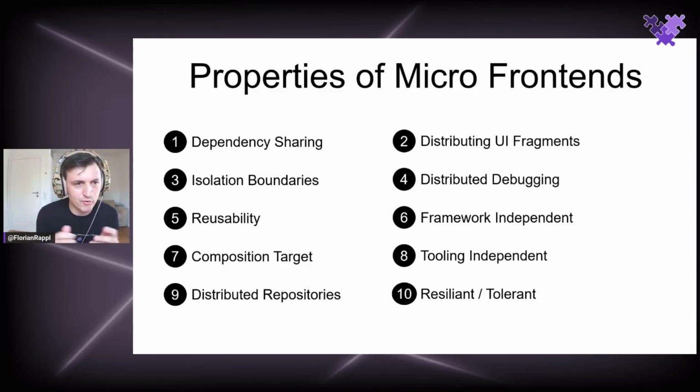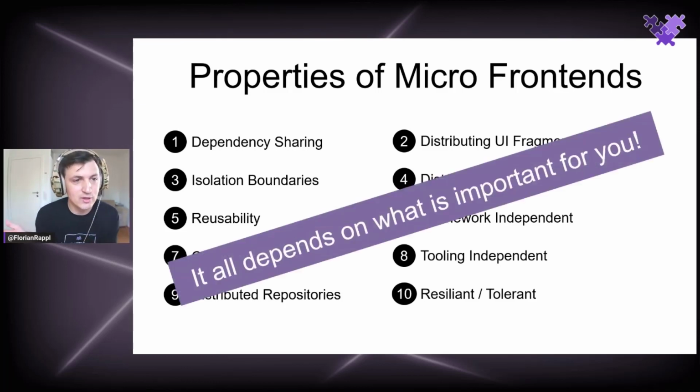A full framework, of course, would try to cover more of these bullet points. Now, that being said, in total, you can say it all depends what is important for you. So certain things, of course, of this list, you might say, this is also what I would expect. And other parts, you would say, well, scratch that. I'm not even sure what that word means. So potentially it is not really important for you.